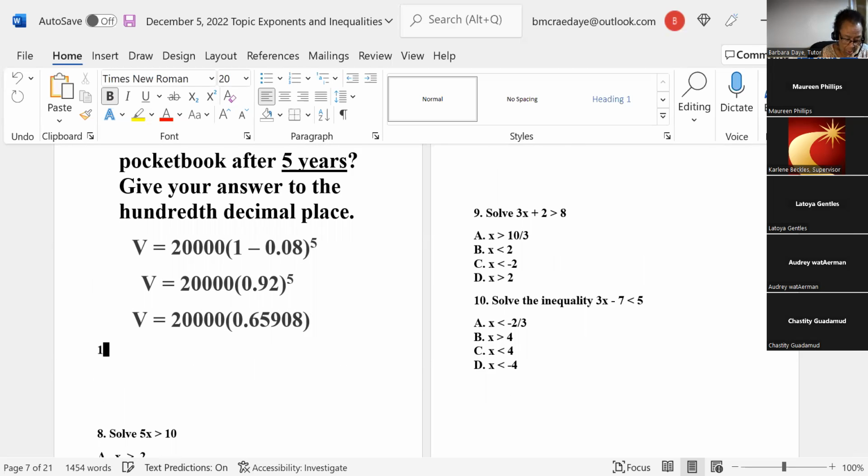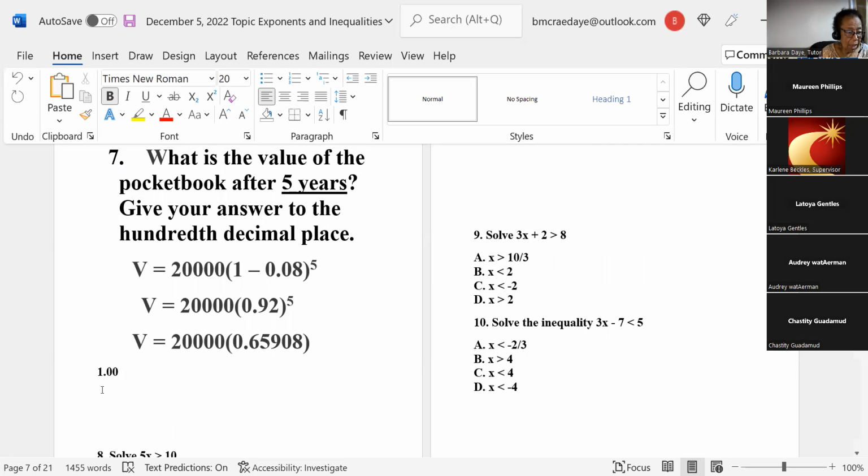This is what Latoya did. 0.08 subtracted from 1, I get 0.92. Okay, you got it? That's what Latoya did. And let me just put her value here, the value of it after the depreciation, and she got 13,181.63.